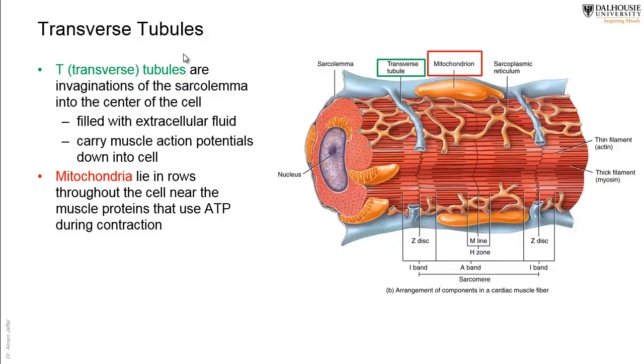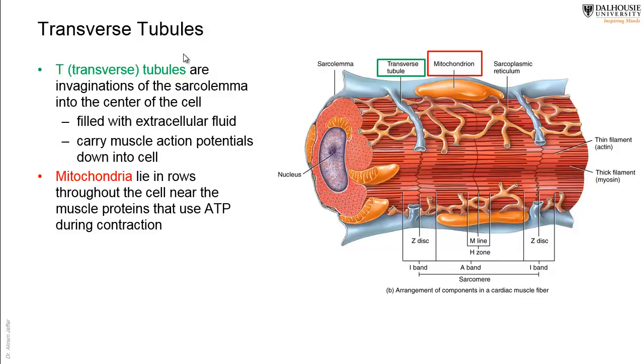I'm going back to the T-tubules, the invaginations of the cell membrane, the sarcolemma. You can see here, the sarcolemma is invaginated and forms tubules inside the muscle cell. These skeletal muscle cells are very large cells, and many of them are very long.